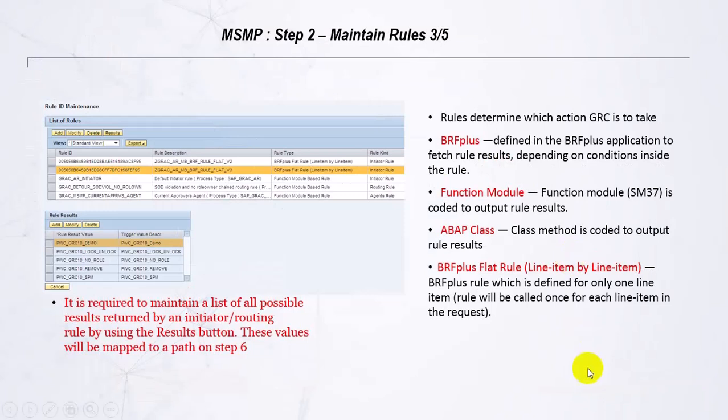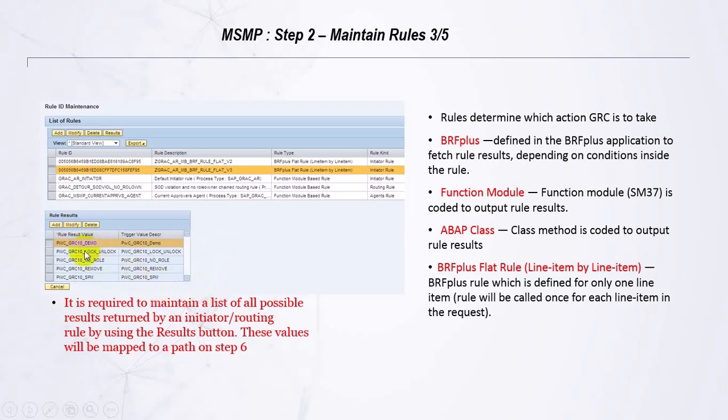Now, for a default, we discussed, right? For any type of request, create, change, whatever associated request, the default rule result would be the same. There is no difference.